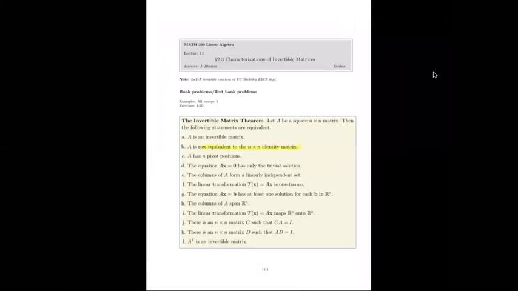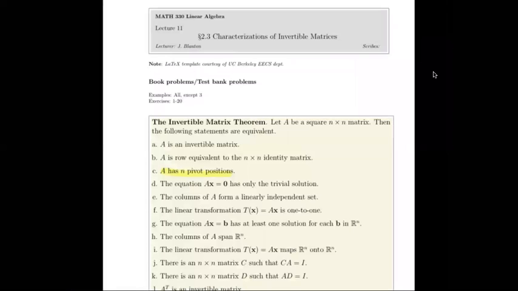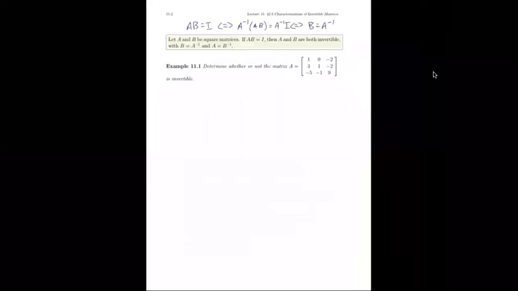So we could seek out its reduced row echelon form. If we get the identity matrix, then we know that A is invertible. That might be more work than we want to do because it looks like we could just stop here. If A has n pivot positions, then A is invertible. So let's aim for that. It's less work to get to just pivot positions versus total reduced echelon form. So let's see how we do.